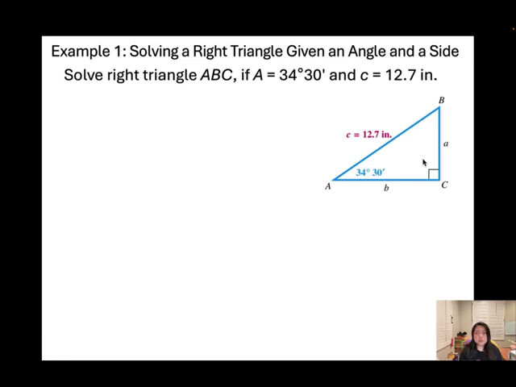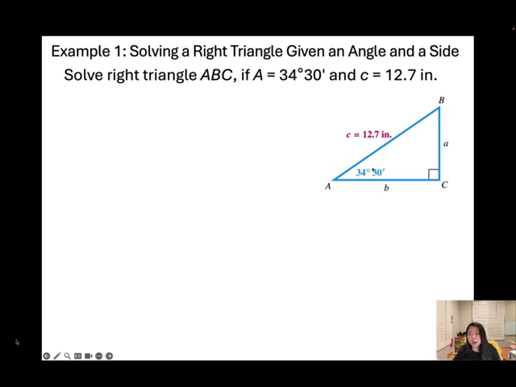Example 1. Solving a right triangle given an angle and a side. Solve the right triangle ABC, where angle A is 34 degrees 30 minutes, and side c is 12.7 inches. So we could use side a.